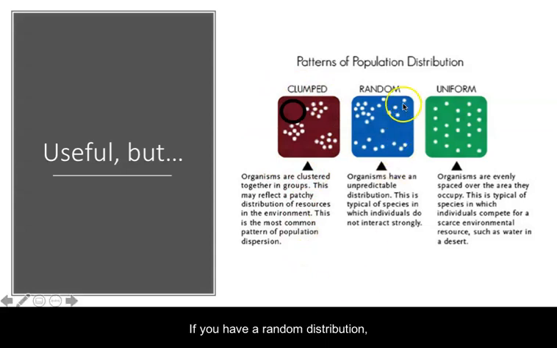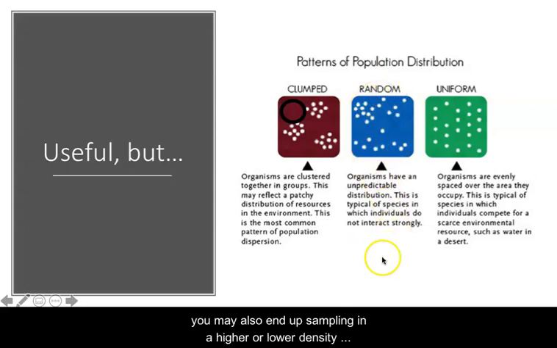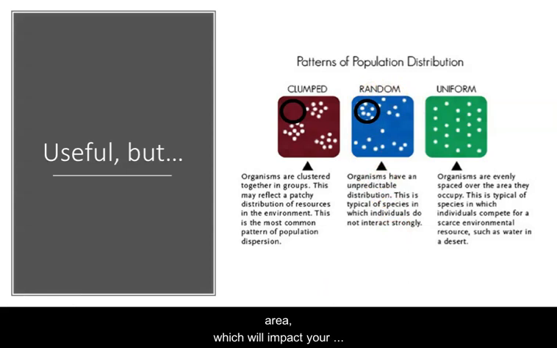If you have a random distribution, you may also end up sampling in a higher or lower density area, which will impact your population size estimates. If the distribution is uniform, then sampling will be representative of the population as a whole. But different species have different distribution patterns, so there are different ways in which ecologists estimate the population size.